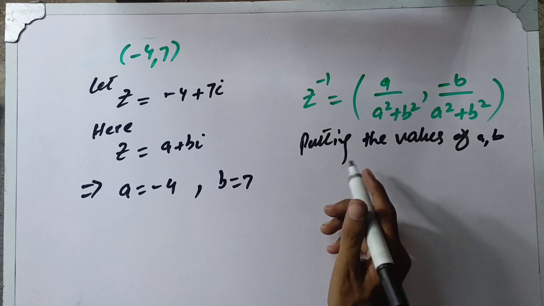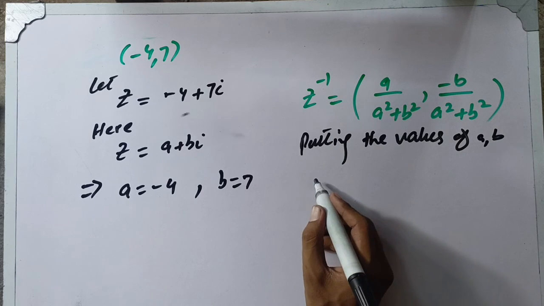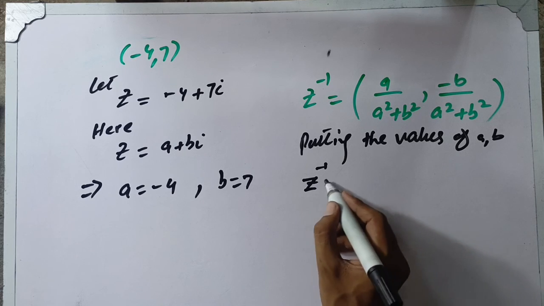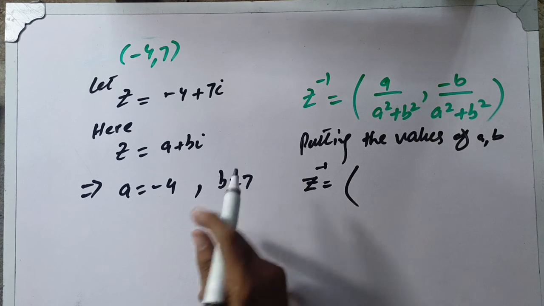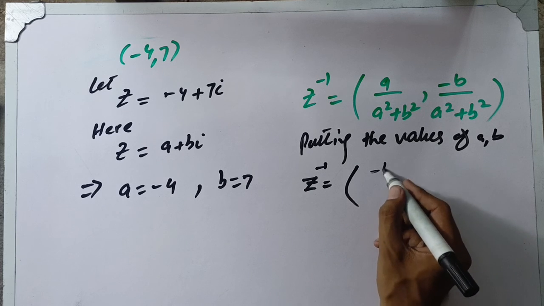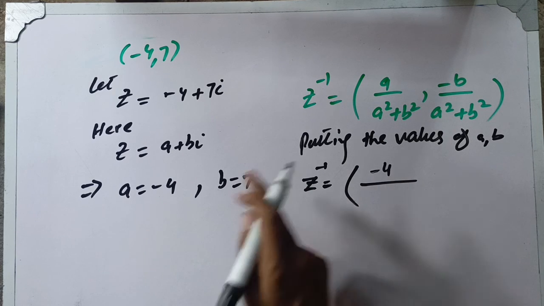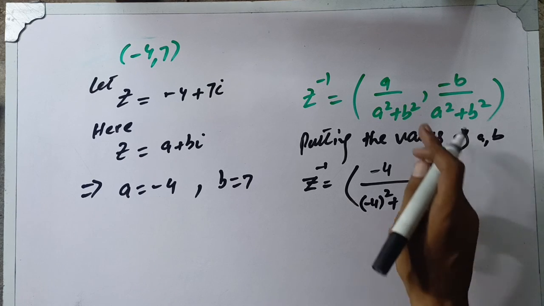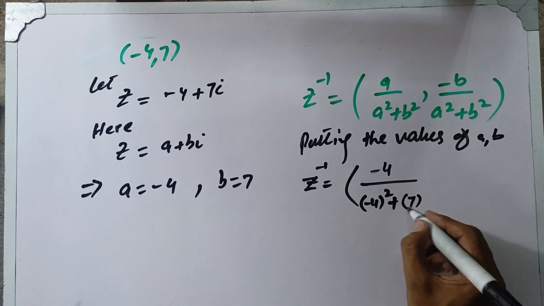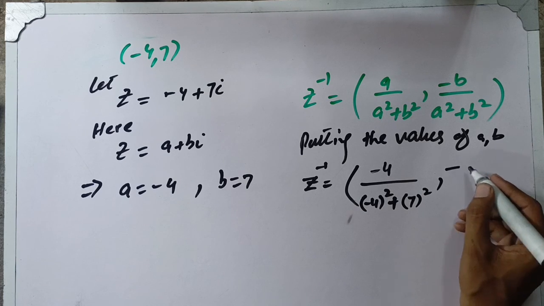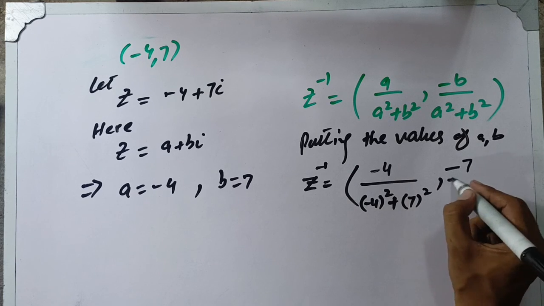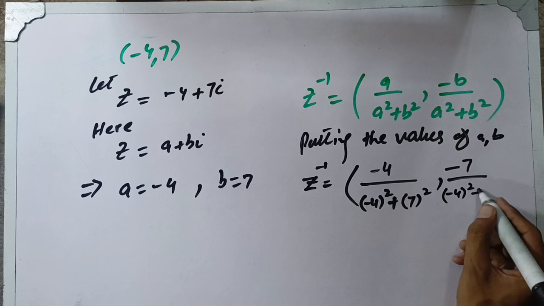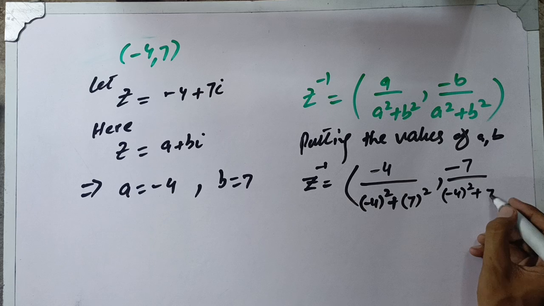So by putting the values of a and b in the above formula, we get z inverse is equal to, here the value of a is minus 4 divided by a square, meaning minus 4 square, plus b square, meaning 7 square, and minus b, meaning minus 7, divided by minus 4 square plus 7 square.